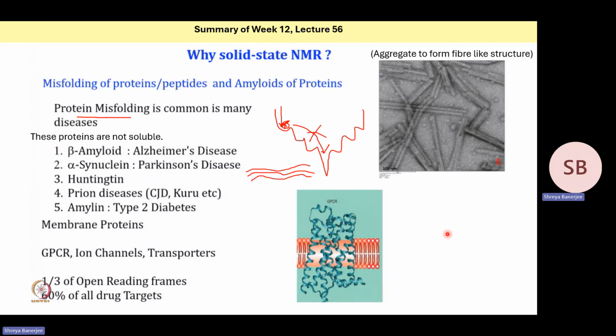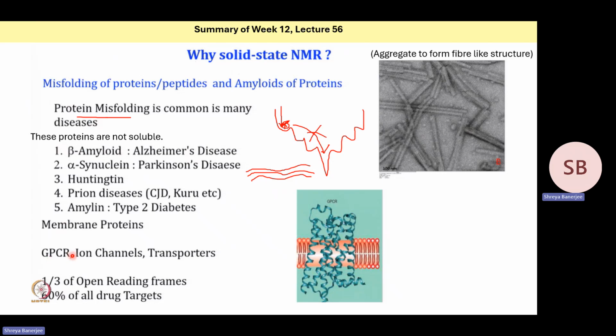But that structure is not of much use because that is not the actual structure of the protein. The actual structure of the protein is the one that it adopts in the membrane environment. So in order to study that, we must simulate the membrane environment and take the solid state NMR.